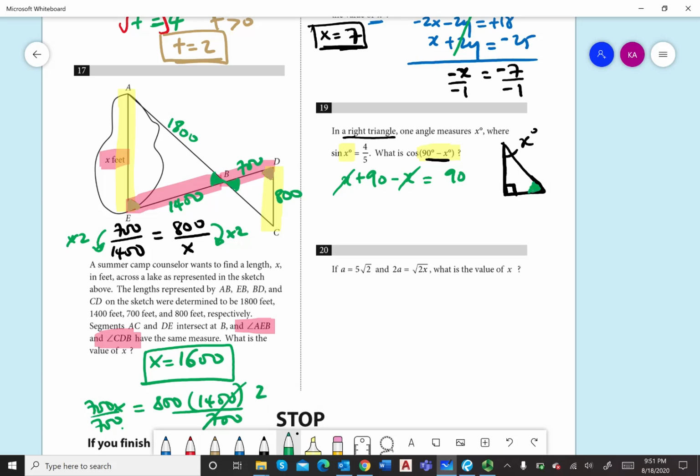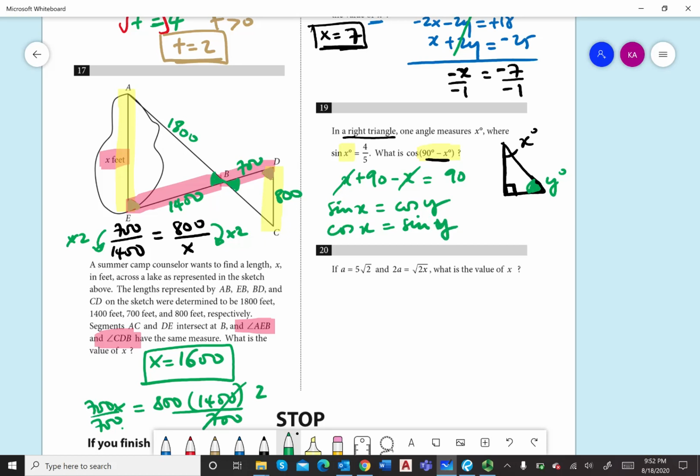Okay. Now, one of the things that you have to know if you don't know it already is that if two angles add up to 90 degrees, then sine of one is equal to cosine of the other. And cosine of the first one is equal to sine of the second. So if this is x and this is y, you have sine of x is equal to cosine of y, and then cosine of x is equal to sine of y.